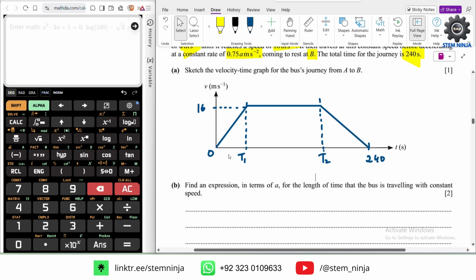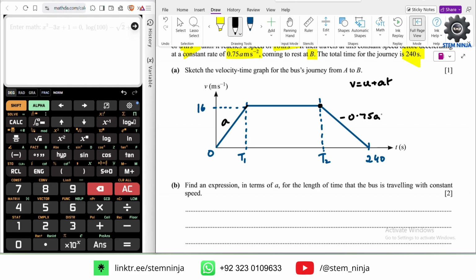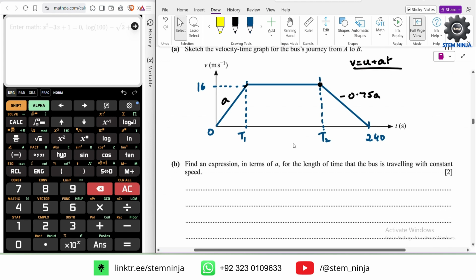So we can use linear interpolation or straight line relationships, or we can use V equals U plus AT, depending on how you want. The gradient between these two is A, and the gradient between these two is minus 0.75A. So we can use the simple gradient relationship, which is in short the same thing.